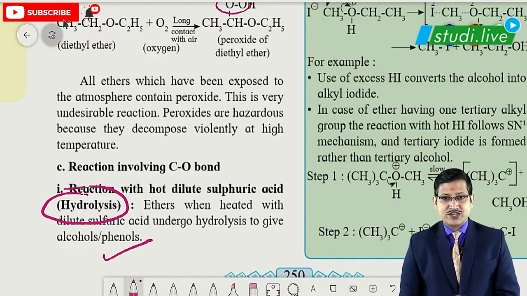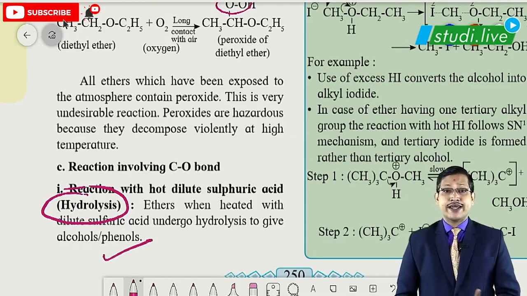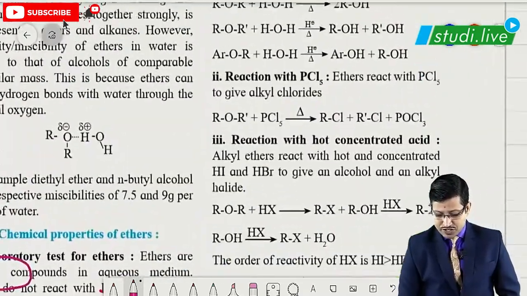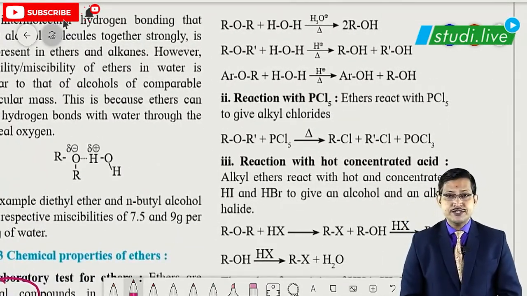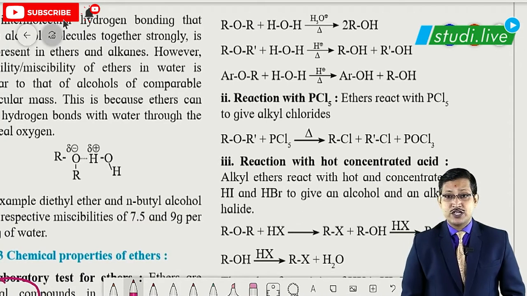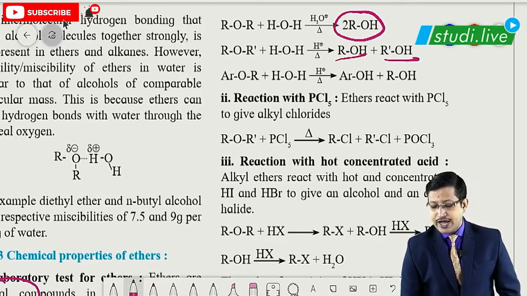So you can get a question like this: what happens when ether undergoes hydrolysis? It gives you the formation of alcohols, or it can give you the formation of phenols. Some of the key reactions are mentioned here. ROR plus HOH will give you twice ROH. But if it is ROR dash, then it gives you ROH and R dash OH.